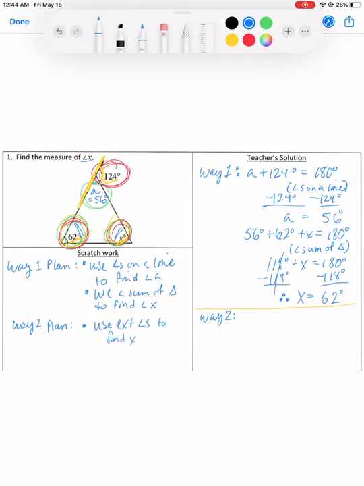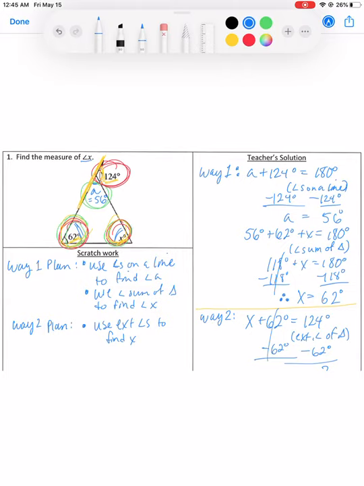So way number 2 just has me set up the sum x plus 62 degrees is equal to 124 degrees. The reason is exterior angle of triangle. There's only one exterior angle that you use in this. So what I do is just finish it out, subtract 62 degrees from both sides, and that will simplify. 4 minus 2 is 2.